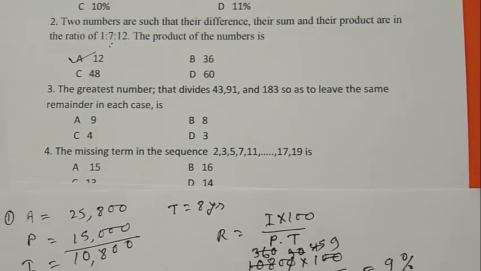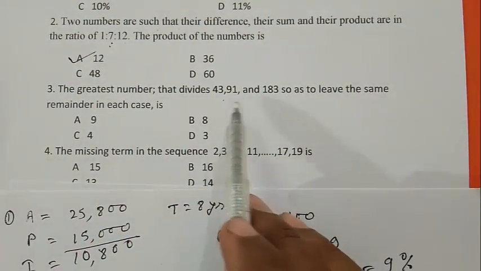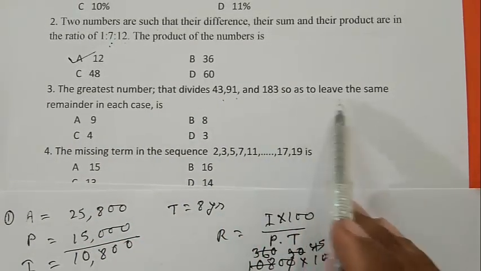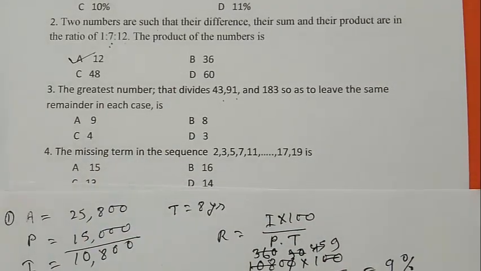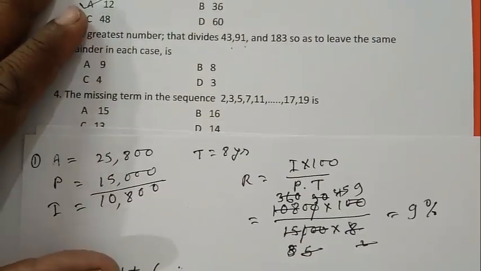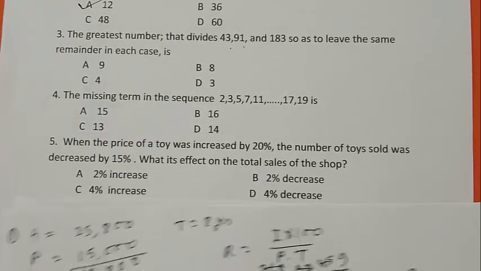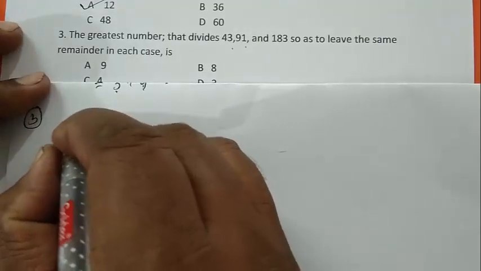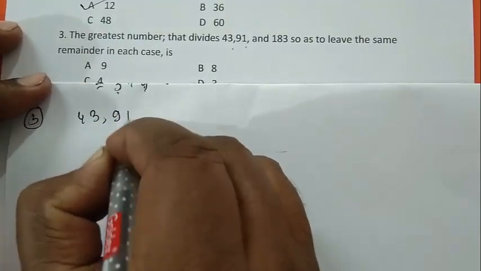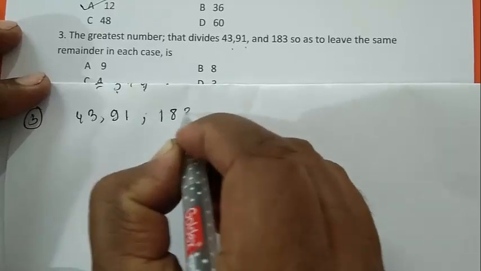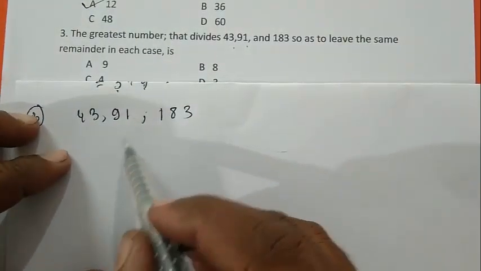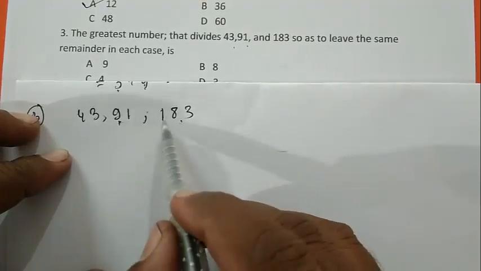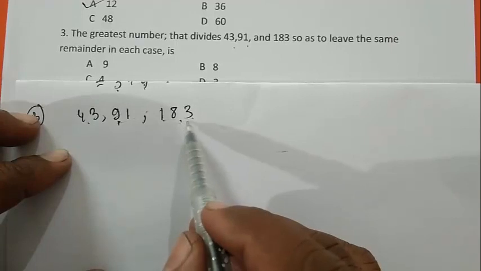Question number 3. The greatest number that divides 43, 91 and 183 so as to leave the same remainder in each case. First we write the numbers in ascending order: 43, 91 and 183. First we subtract, like 91 from 183 and 43 from 183.